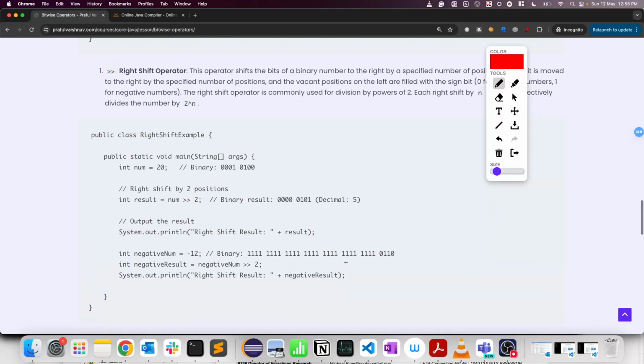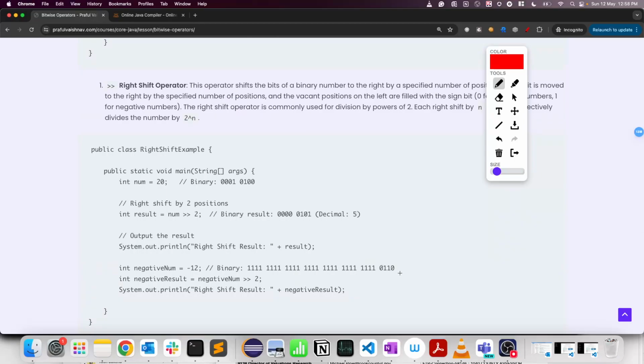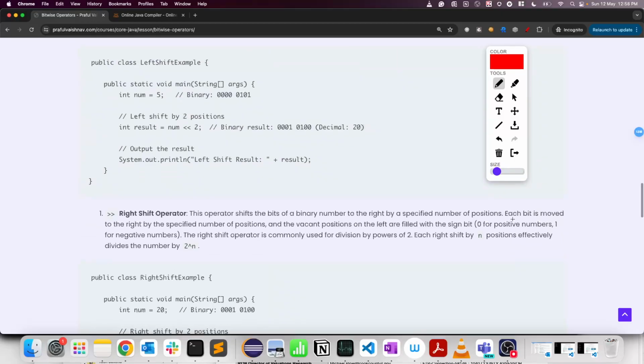It is 1. So when we shift to the right, whatever vacant positions come on the left will be filled with the sign bit.